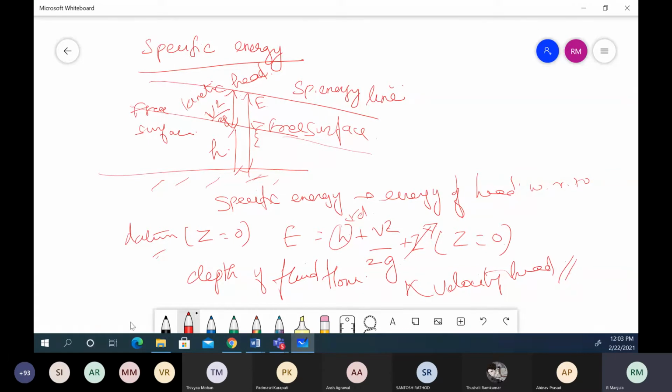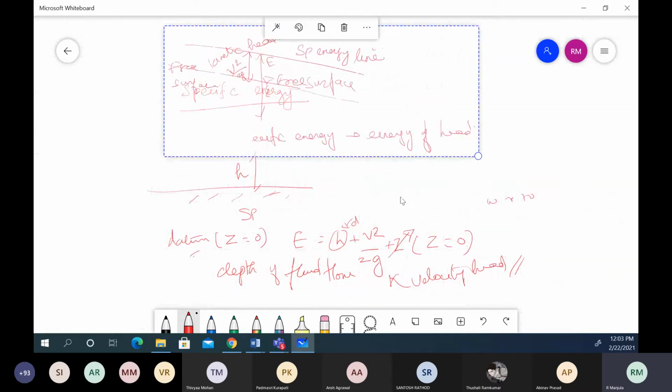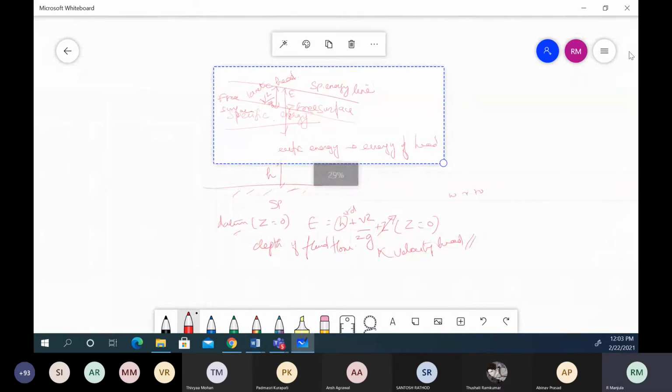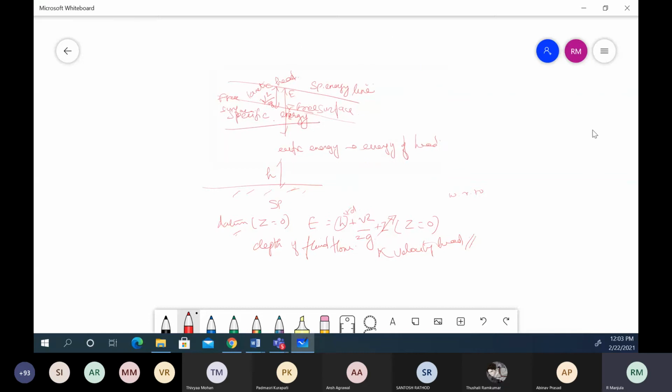So now how will you write the specific energy? Potential energy head as well as kinetic energy head, or I can rewrite as E is equal to kinetic energy head plus potential energy head.